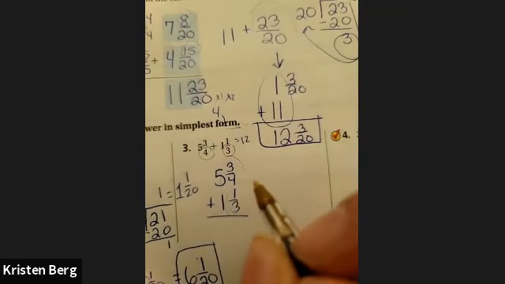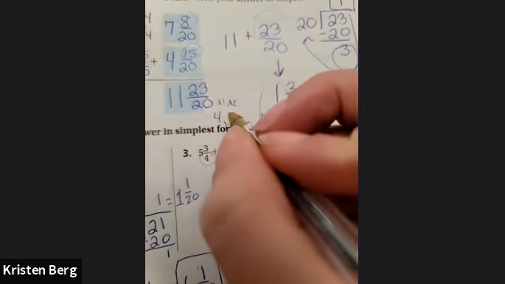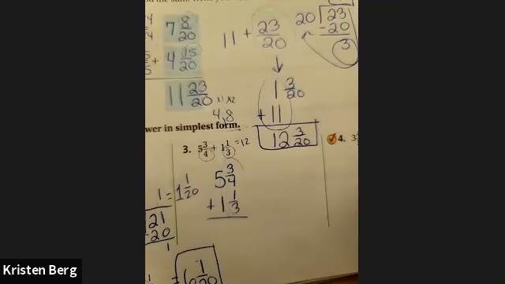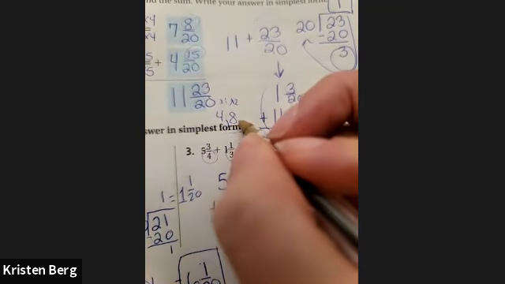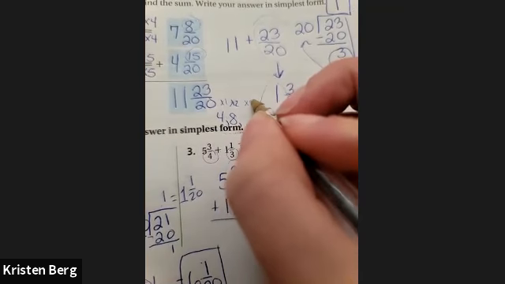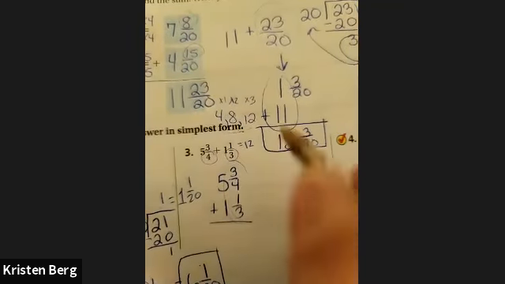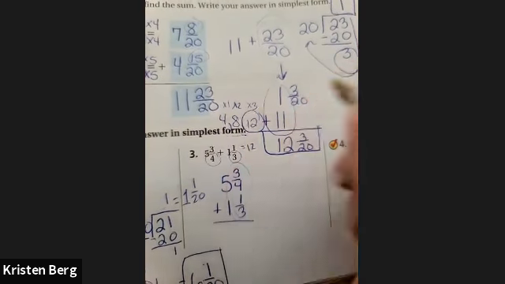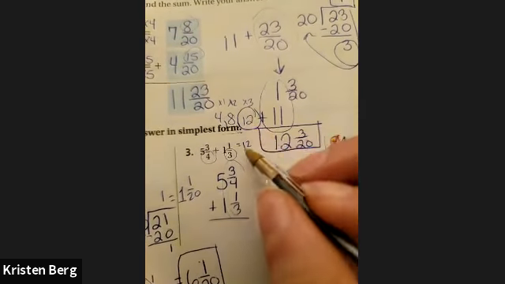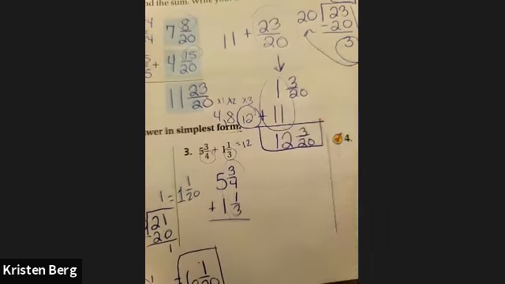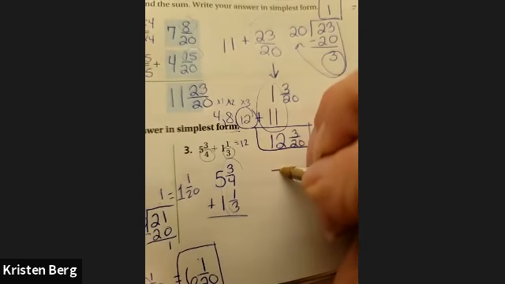Then 4 times 2 is 8. Can I get a 3 into that evenly? No, I cannot either. Then 4 times 3 is 12. Can I get a 3 to go into that? Yes, I can. Either way I chose, I would have gotten 12. So I'm going to change these all to 12ths.